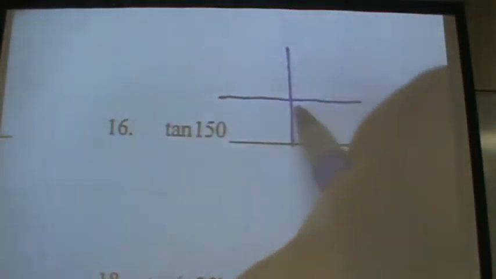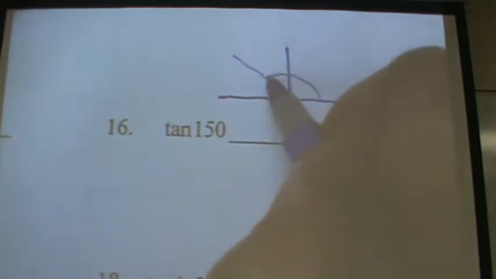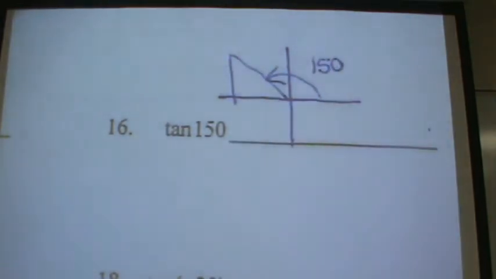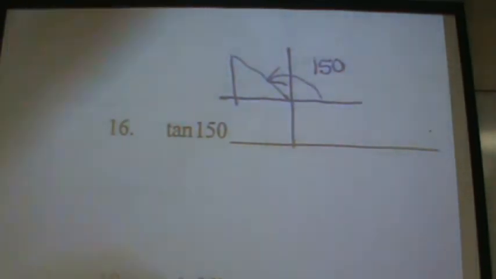Tangent of 150. Where did we say 150 degrees is? So this is 150. Give me 1 minute, we're almost done.